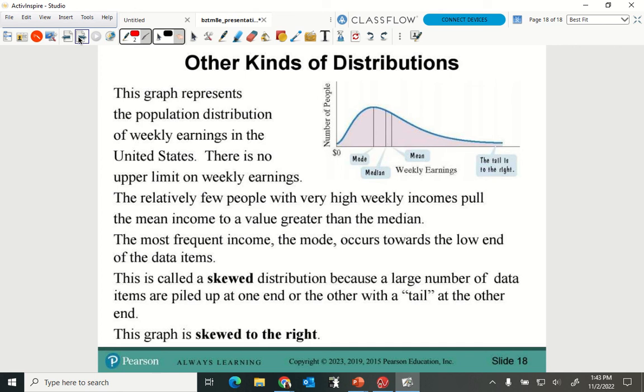It looks like it is piled up on the left-hand side, but pointing to the right. So it's piled up on the left, it's pointing to the right. So if it's pointing to the right, that means it's going to be skewed to the right. So these ones are skewed to one side or the other. Skewed to the right.